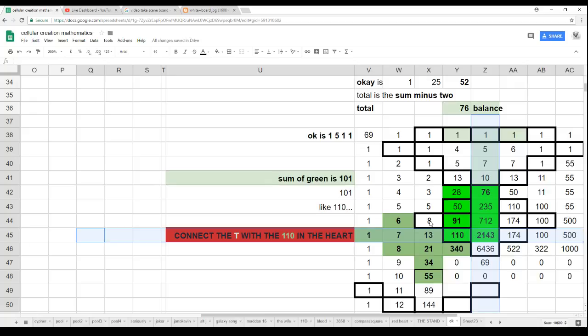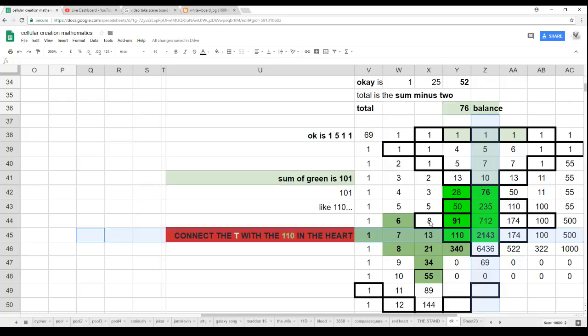And at this resolution, I believe that the connection of the T with the 110 will more than make up for the 6 and the 91. In fact, I think it's where the 6 and the 91 come from.